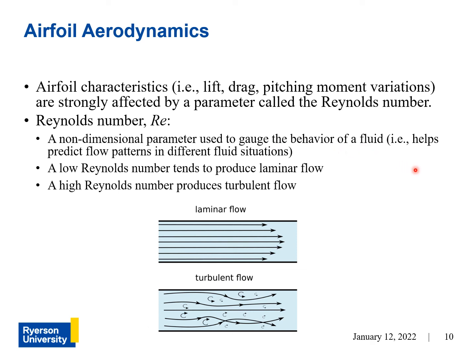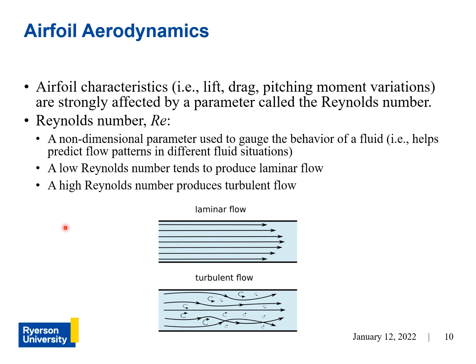So in other words, it helps predict flow patterns in different fluid situations. A low Reynolds number tends to produce orderly flow called laminar flow, and high Reynolds numbers produce turbulent flow, and it's just this chaotic mess of a flow that you see underneath.